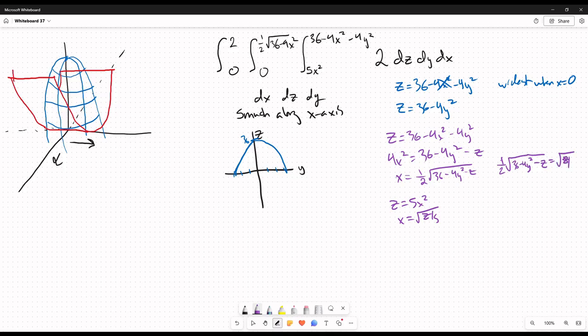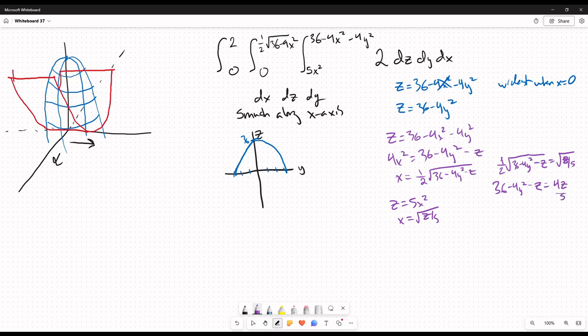I can multiply both sides by 2 and square them, doing both in one step to make things quicker. I'll get 36 minus 4y squared minus z equals 4z over 5.